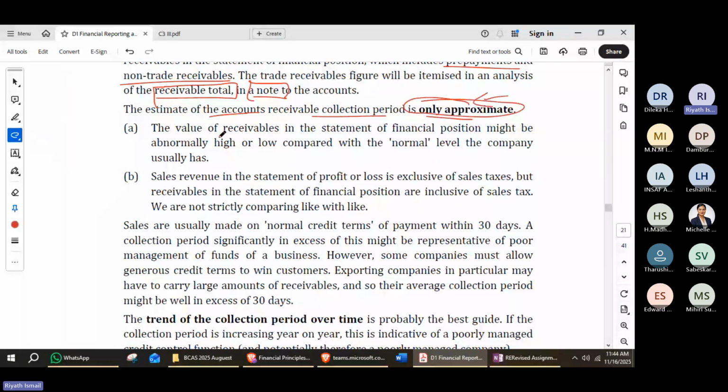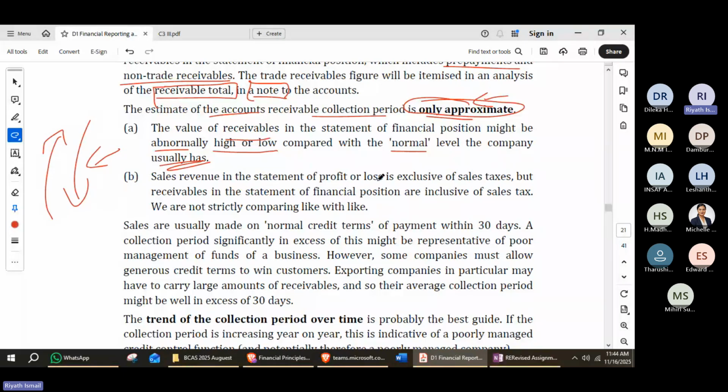The value of the receivables in the statement of financial position might be abnormally high or low compared with the normal level the company usually has. Sometimes due to skewed events it may be overstated or understated, so you have to consider that as well.